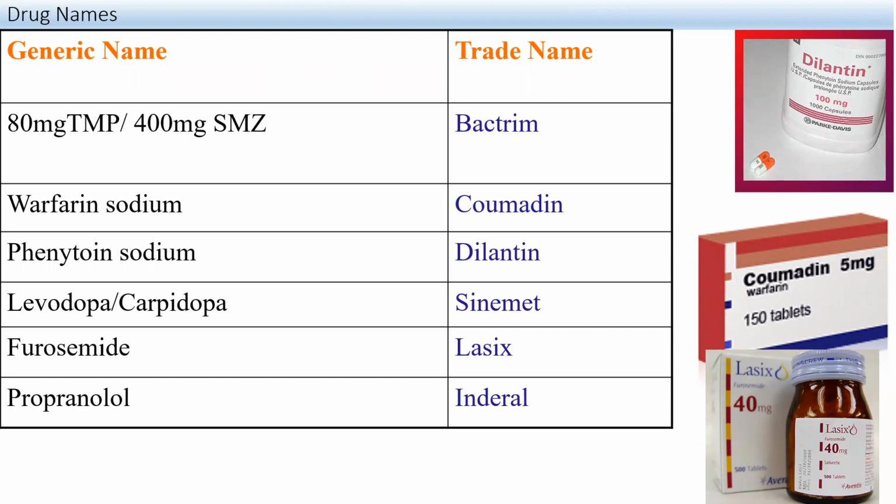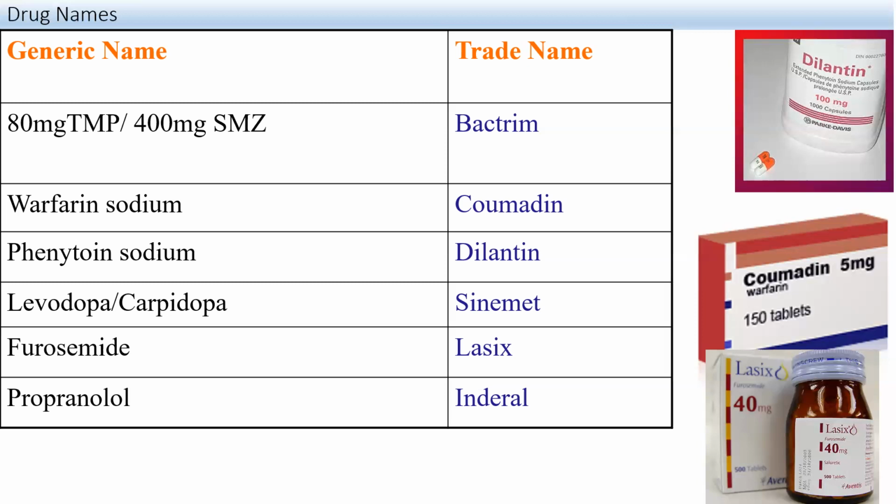They will never provide it in the exam or ATI test as Bactrim. It will be provided as trimethoprim slash sulfamethoxazole, because that's two components in one drug, or in one tablet.